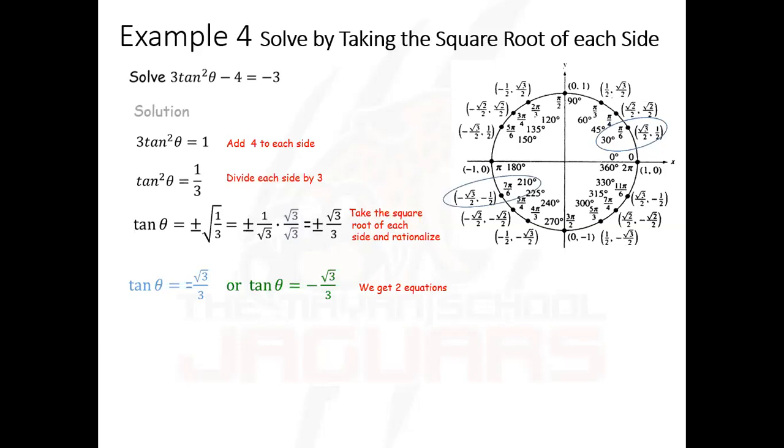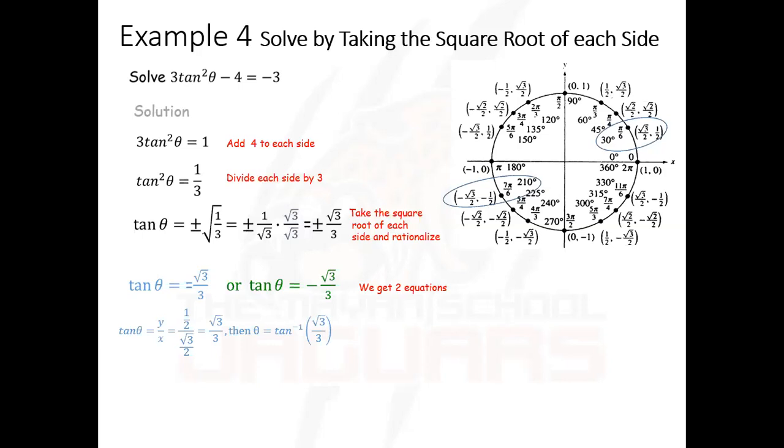Also, I notice that this other one, negative square root of 3 over 2 and negative 1/2, is also involved in the value of square root of 3 over 3. So in here, we know that the tangent is positive in the first and in the third quadrant. By definition, tangent of theta equals y over x.